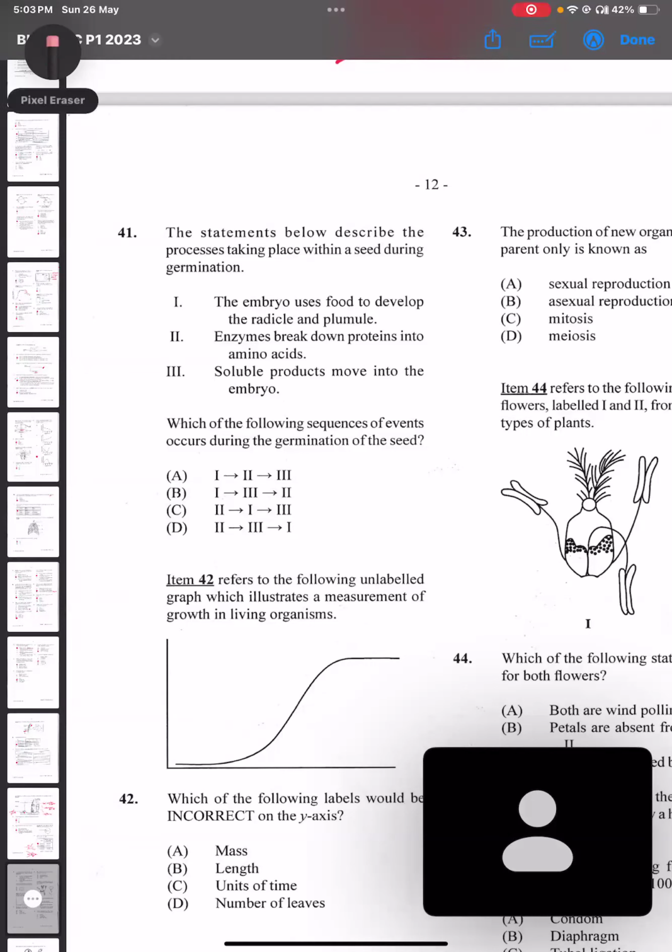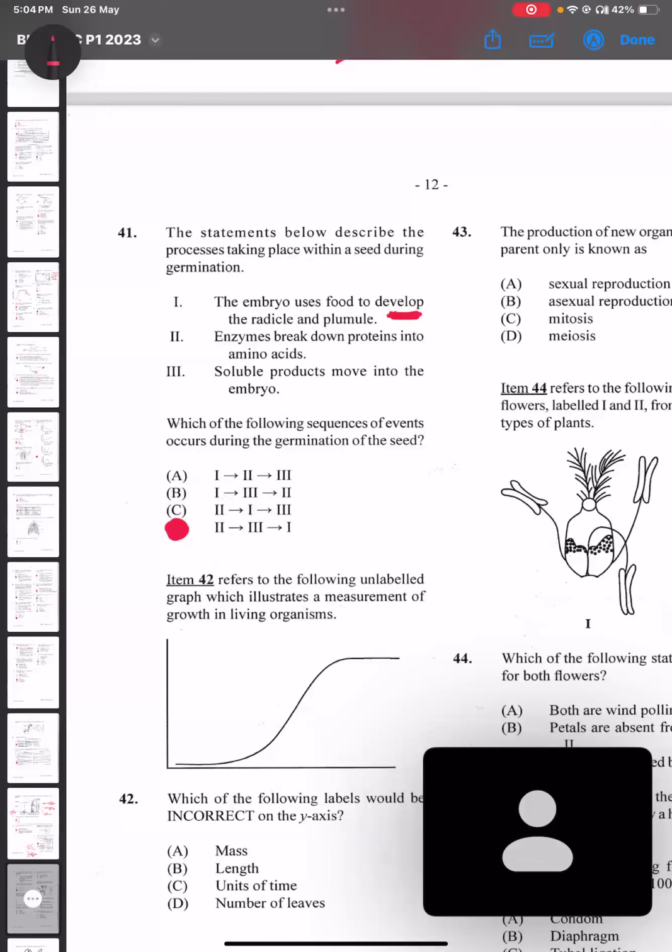The way that you would approach this question, if you're not 100% sure, is to think about what's the last thing the plant would do. Obviously, it would use food to develop the radicle and plumule. So one would be the last thing that happens. The only answer that has one as the last step is D. So D is the answer.